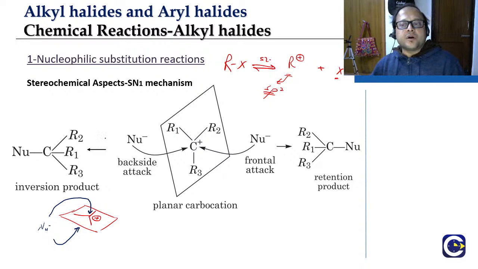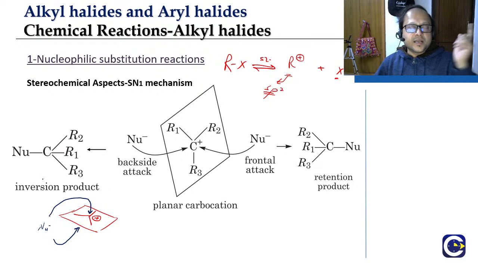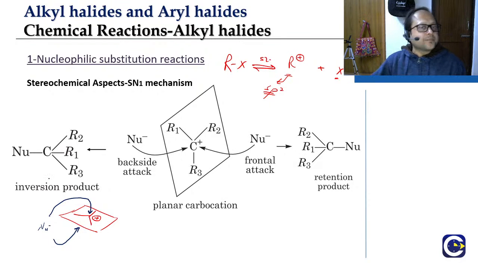So depending on from which side it is coming, you can see that on the right hand side your nucleophile is present exactly at the same position where your halide X was present, while in case of your left hand side product, your nucleophile has come exactly at the opposite position where earlier Cl was present, right?